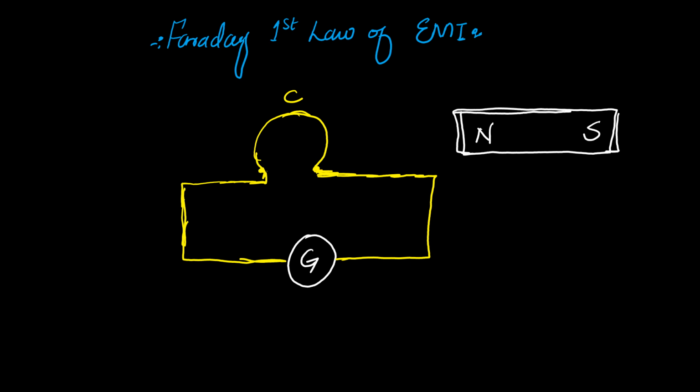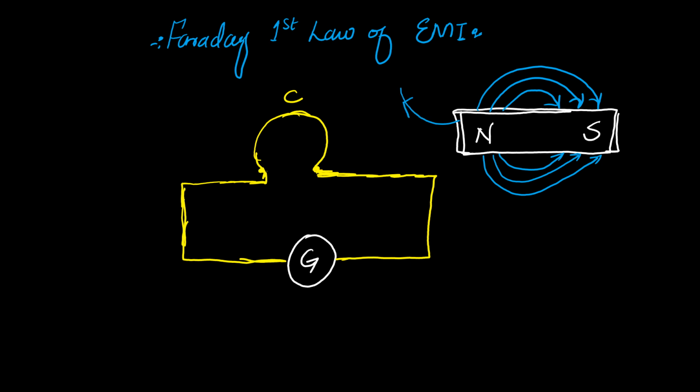Magnetic field lines are generated from the north pole and they go toward the south pole, and the magnetic field lines come toward these.